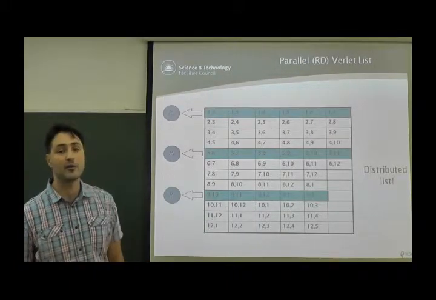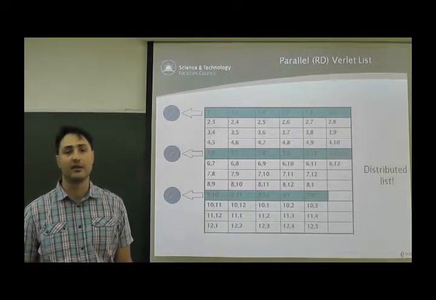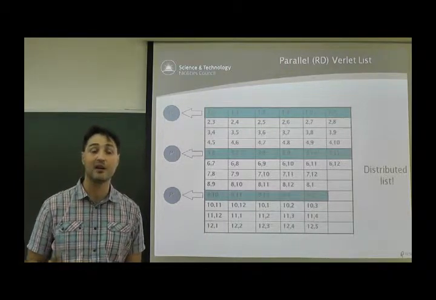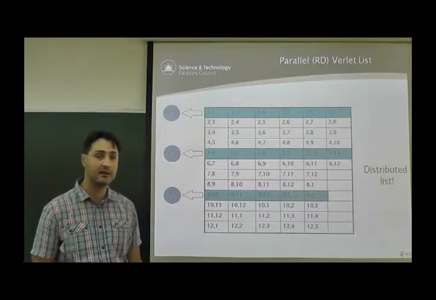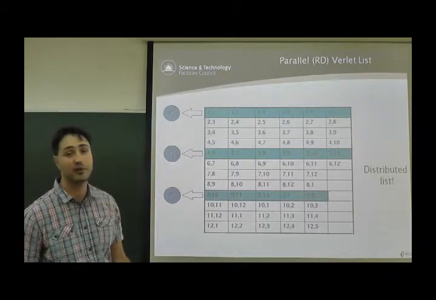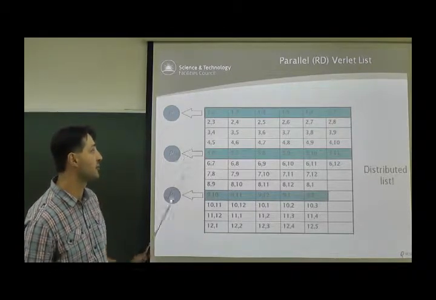In order to calculate the pairwise interactions in the replicated data strategy, we have to split the work in some smart way between processors. And in this slide, we show a table which outlines how all possible interactions between 12 particles can be split on 4 processors.